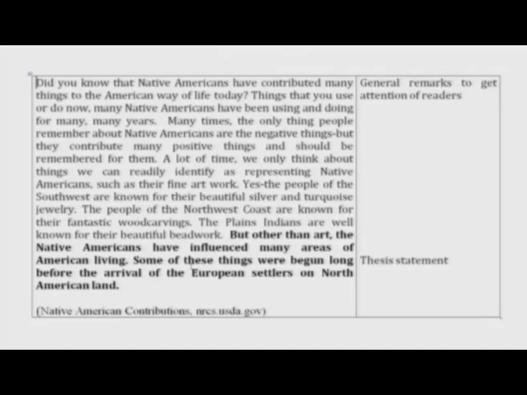So, that is one crucial point there. And another important point is some of these things were begun long before the arrival. So, these are not relatively new, these are quite old. So, these two things are a very important part here.